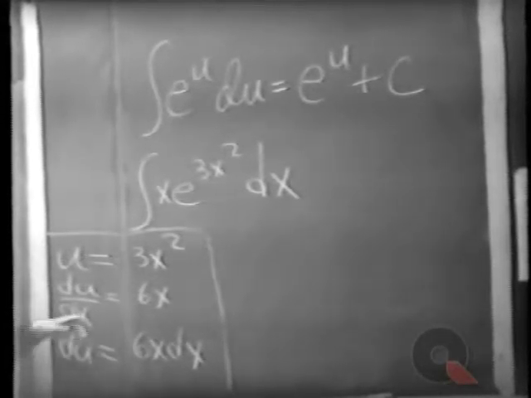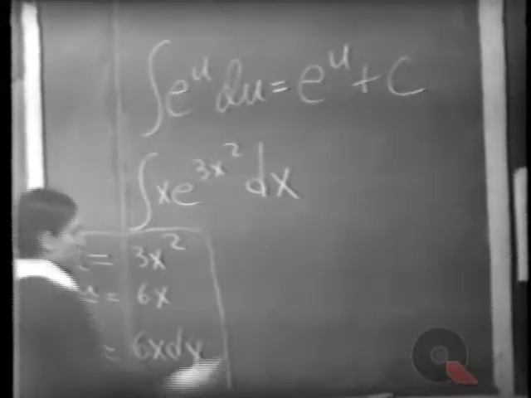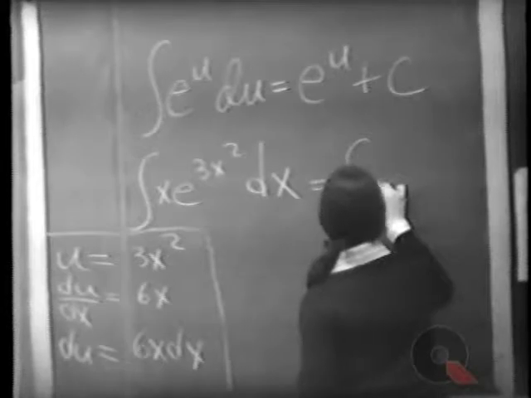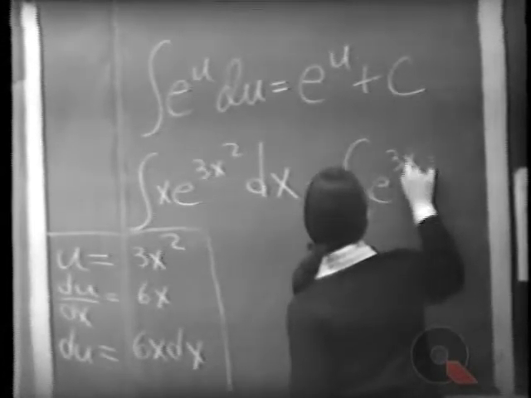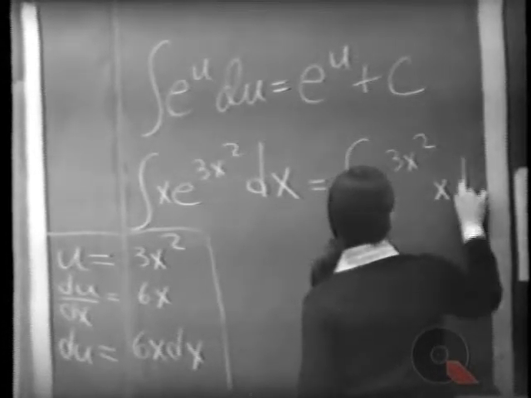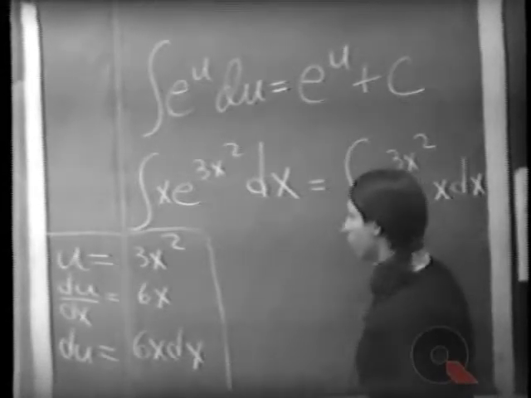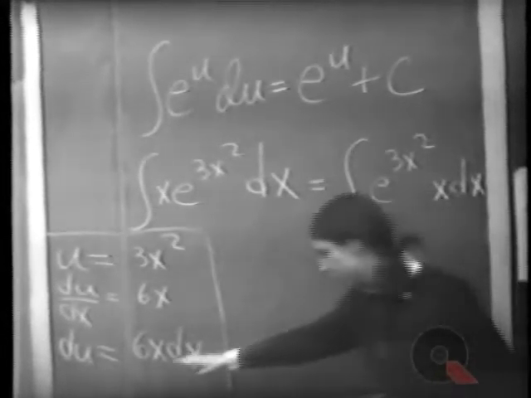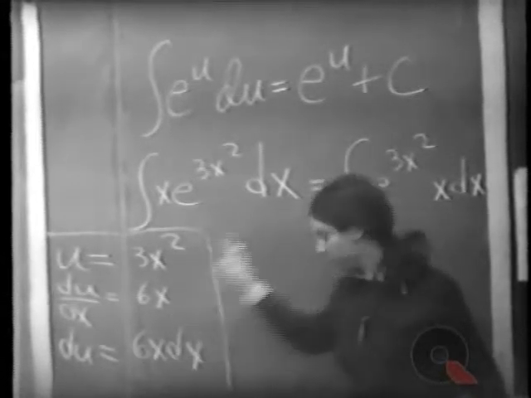We almost have e to the u du. If we rewrite it like this, we have e to the 3x squared times x dx. Now, we would love to have e to the 3x squared times 6x dx, because 6x dx is du.